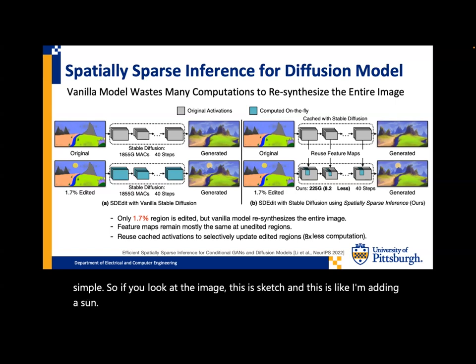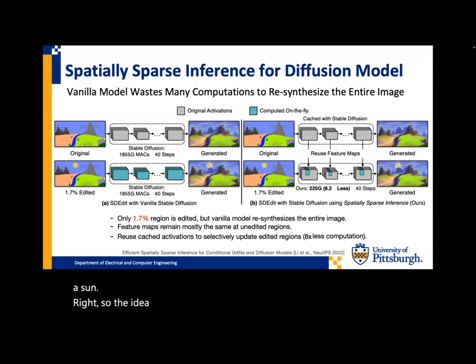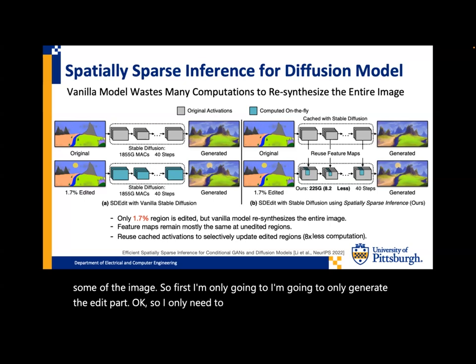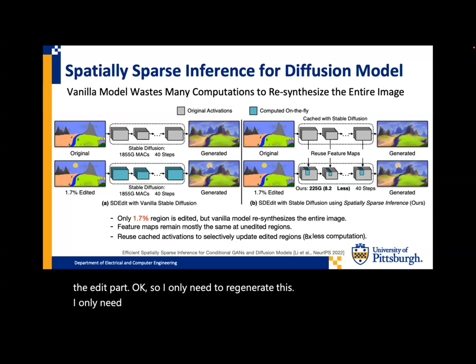If I'm doing this, I don't want to run the diffusion all from scratch because I already have this image. So I'm caching some of the image. First, I'm only going to generate the edited part. I only need to regenerate this edited part.